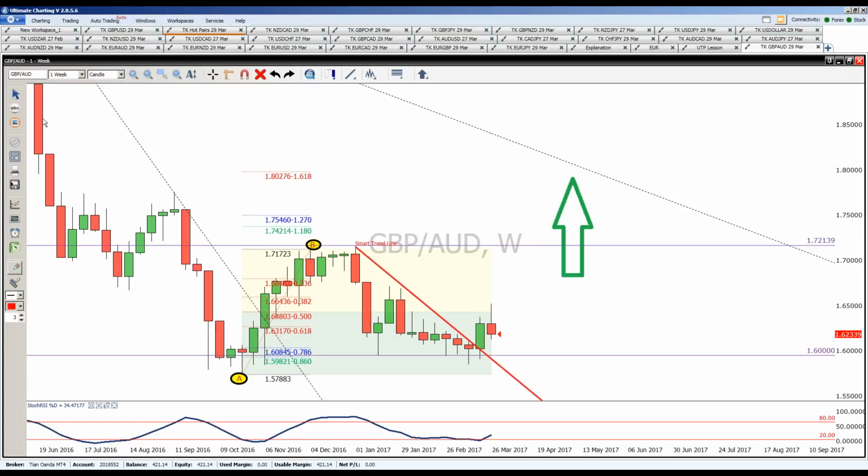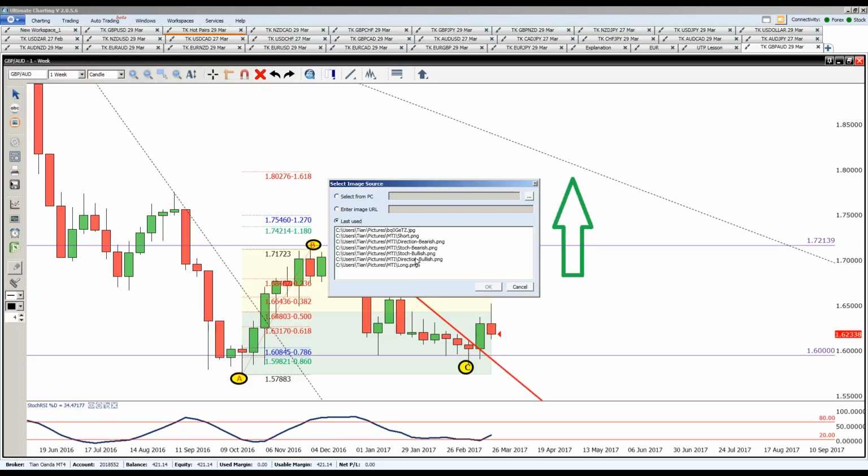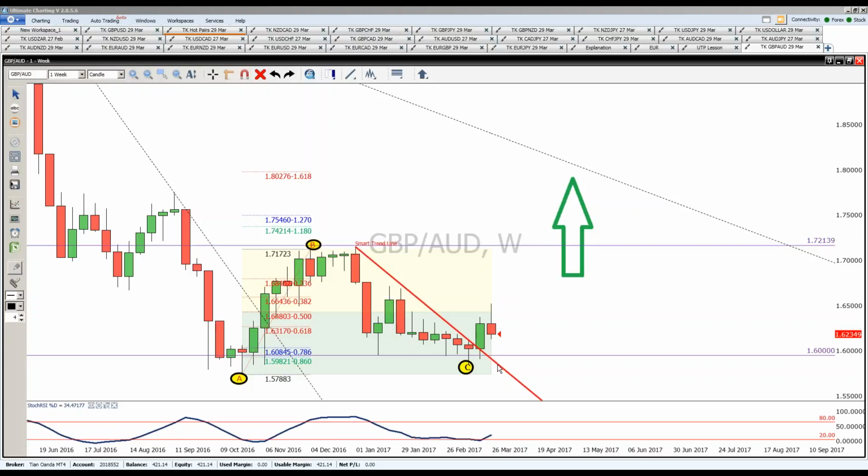There we go. And that established a deep C. So now we have a C at the 8.6 retracement level. The market broke that counter trend line with a massive bullish engulfing candle. We have a stochastic that's bullish on the weekly. So everything is pointing to the upside.